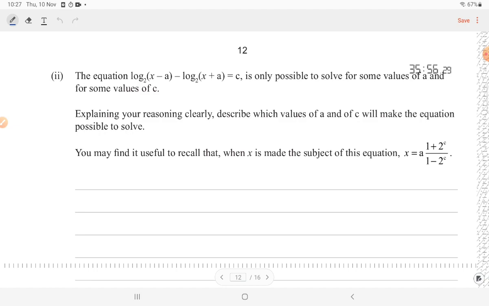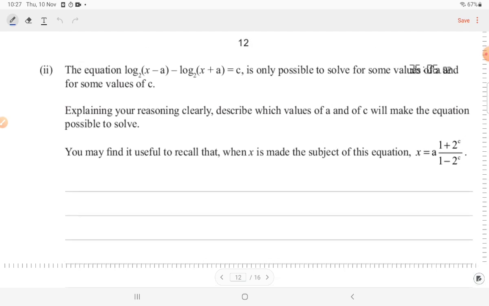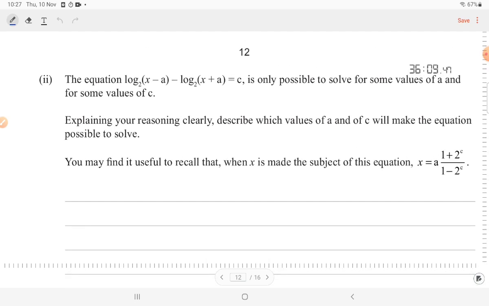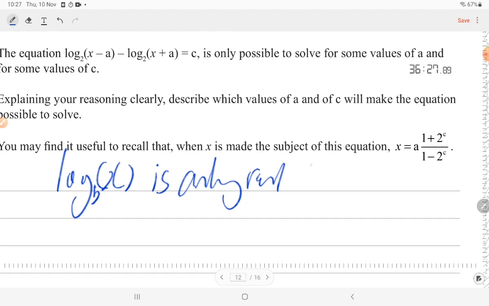Is it possible to teach it? x is made because, yeah, okay, so log base x is only real, negative bases can exist only real when x is greater than 0.